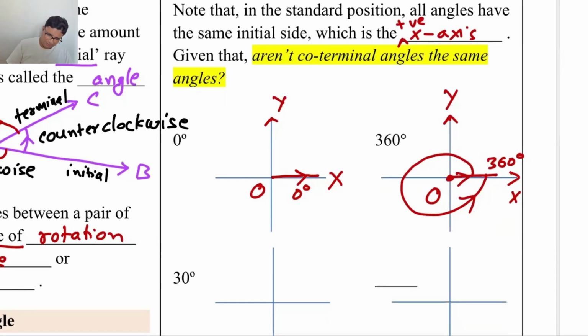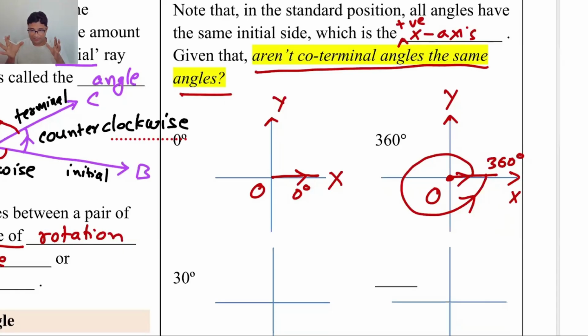Okay. So the question we ask is, aren't coterminal angles the same? And the answer is yes and no. They are the same, of course. If they point to the same direction, they have the same initial ray. So everything is the same. Then why did they say yes and no? That's because when you are doing it analytically, when you write 0 degrees and 360 degrees, I'm writing different numbers, right?